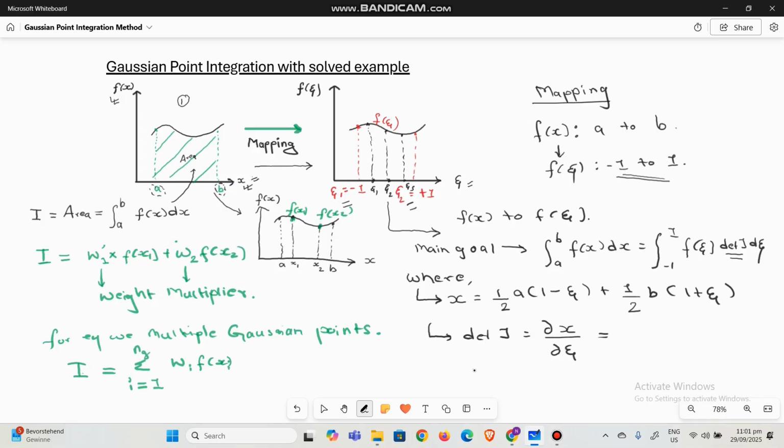So if you do the partial derivative of x with respect to xi, you are simply going to get half of (b minus a). So this is the technique which you use for determining the integration value.